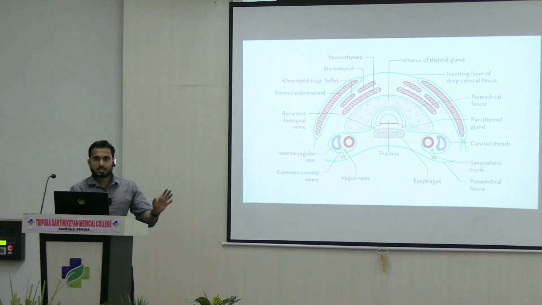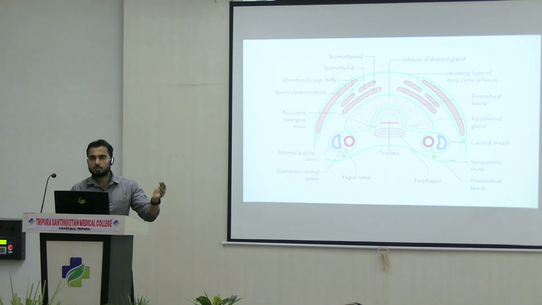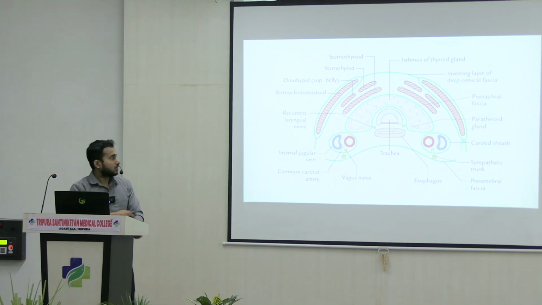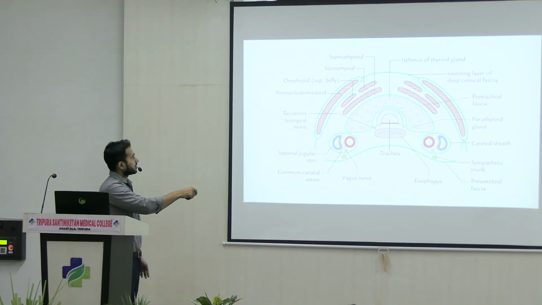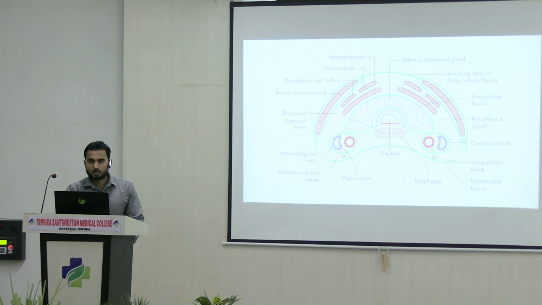These strap muscles are situated anterior to this surface, covering the surface of the gland. That's why we are not able to see the gland during dissection. So we have to retract or remove the muscle, then only we can see most of the thyroid gland.